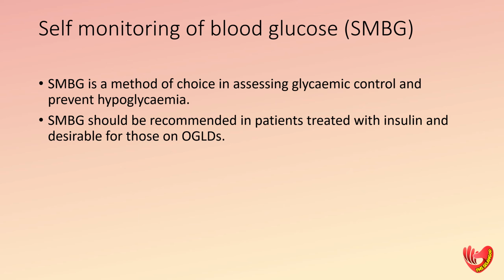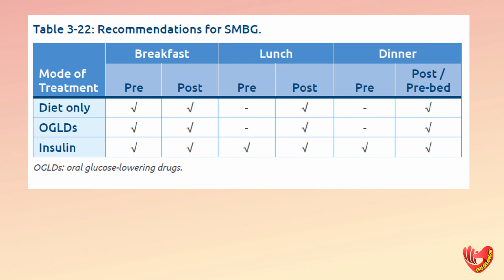Self-monitoring of blood glucose, SMBG, is a method of choice in assessing glycemic control and preventing hyperglycemia. It is part of an educational initiative. SMBG should be recommended in patients treated with insulin and desirable for those on OGLDs. Frequency and timing of SMBG should be tailored based on the patient's needs, including glycemic status, drug therapy, treatment goals, and lifestyle.